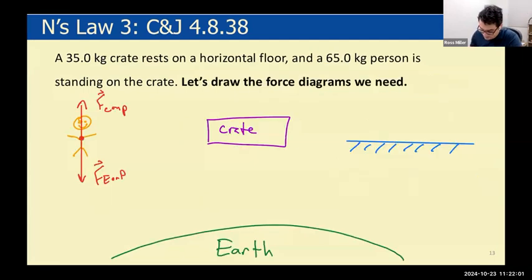For the crate, there's the earth on the crate. And then there's the person on the crate. Let's draw these a little different sized.